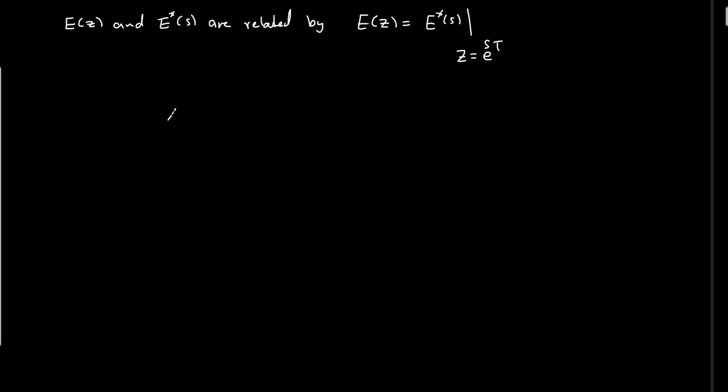Now if you recall, in the continuous time system, we have the s-plane. Here's the real sigma, and this is j omega, and this is the s-plane.